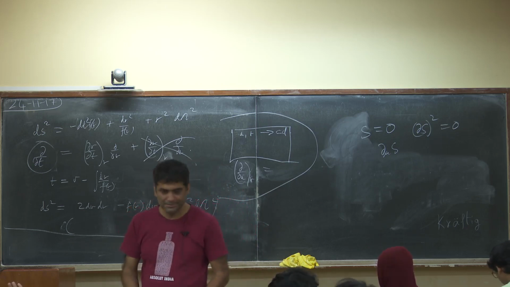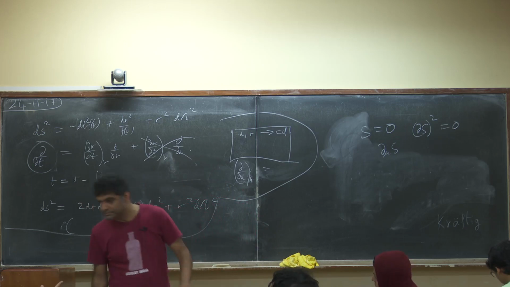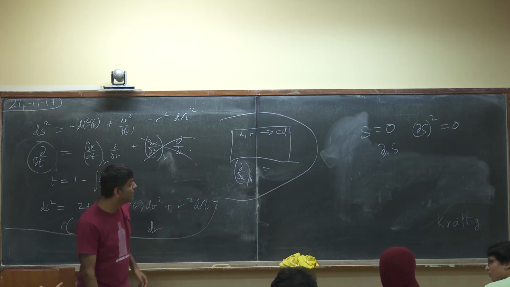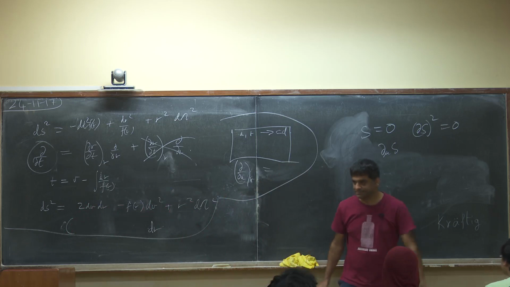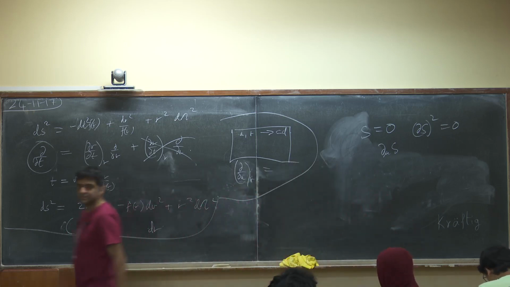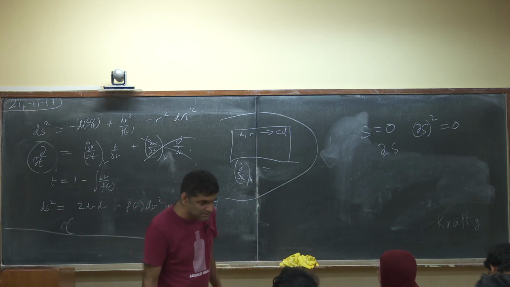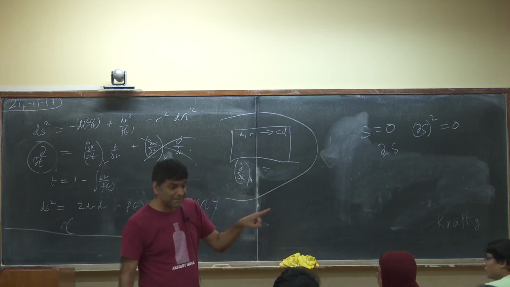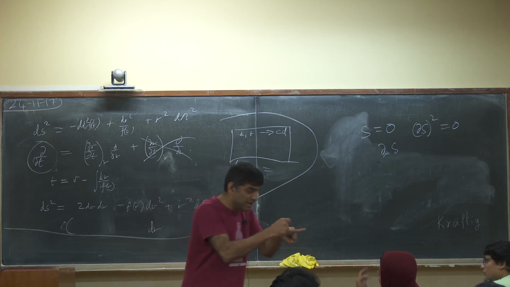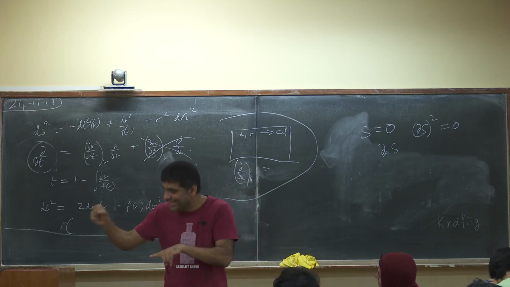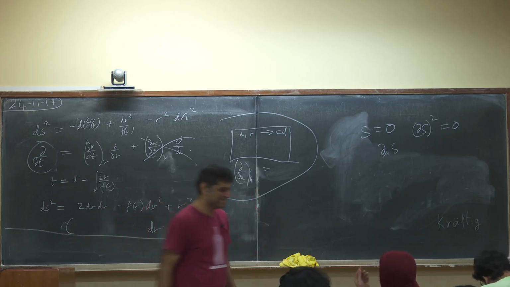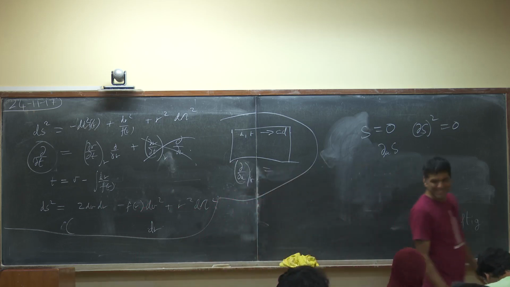Yes? Del mu S won't be a Killing field. Directionally, they'll be in the same direction, but the proportionality constant will vary as a function of position. Some position dependent function.